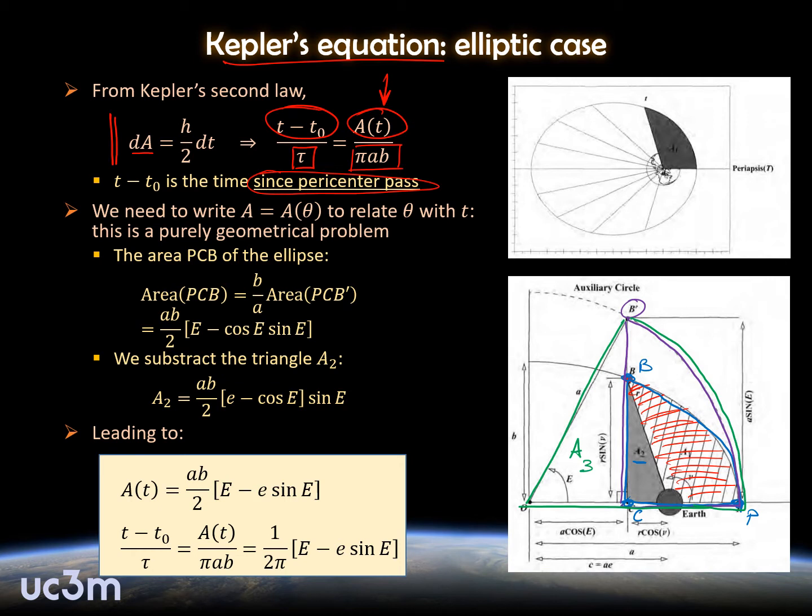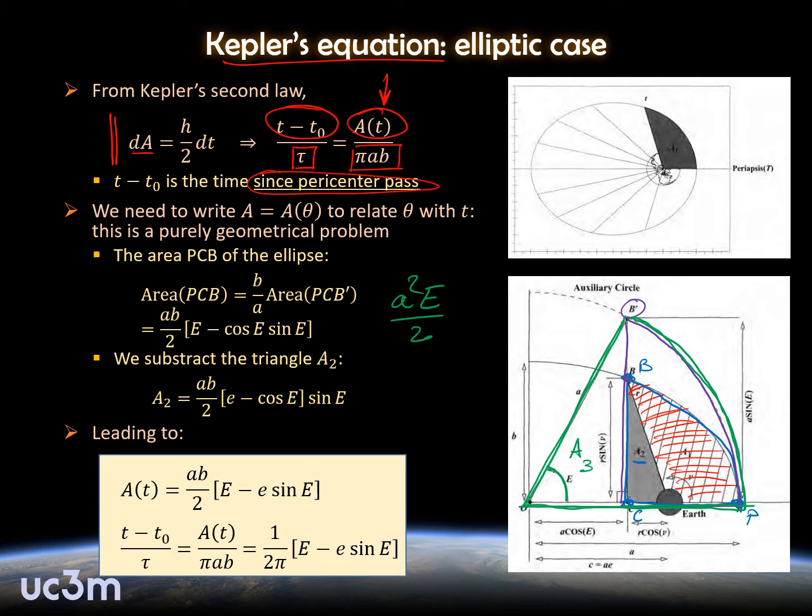Let's focus first on the full circular sector from O to P to B prime, and see how we can obtain that. By definition, the area of a circular sector is the value of the angle, E, multiplied by the radius squared divided by 2. That is the area of that circular sector.